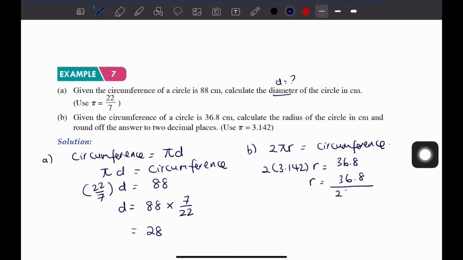So 2 times 3.142. So press your calculator. So 36.8 divided by 2 times 3.142. So you will get, the question wants 2 decimal places. So 5.86 centimeter.